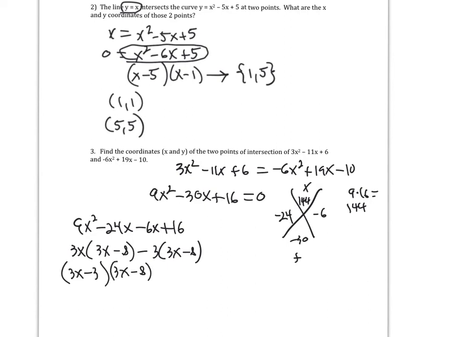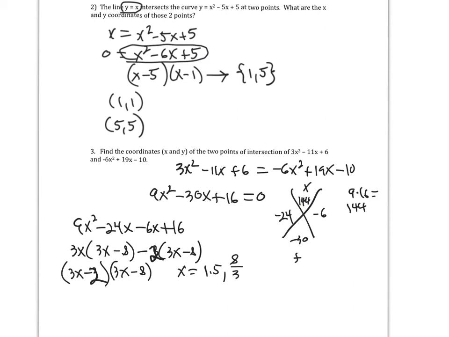And that's going to give me, oh, no, sorry. That's a 2 here, 2. 3x minus 2, 3x minus 8, and that's going to give me that x is equal to 1.5 or 8/3, or this is as a fraction 1.5.